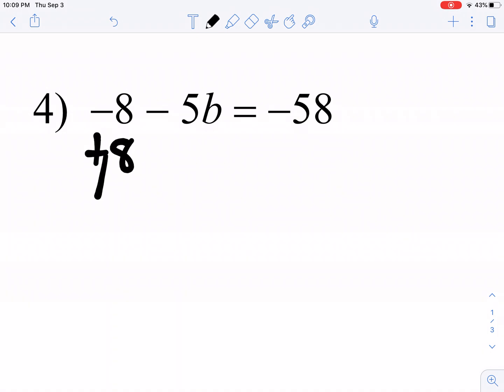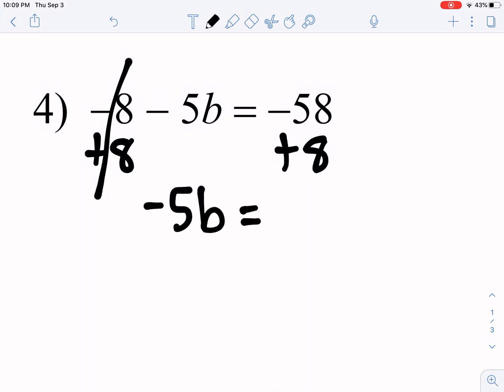So that would be my inverse here, but whatever I do to one side, I have to do to the other side, the addition property of equality. And I get a negative 5b is equal to, what's a negative 58 plus 8? Well, we have different signs, so we subtract, right? We subtract and we get 58 minus 8 is 50, and keep the sign of the larger value, which is negative.